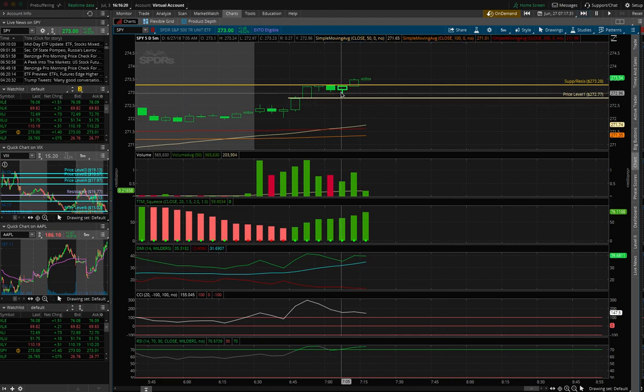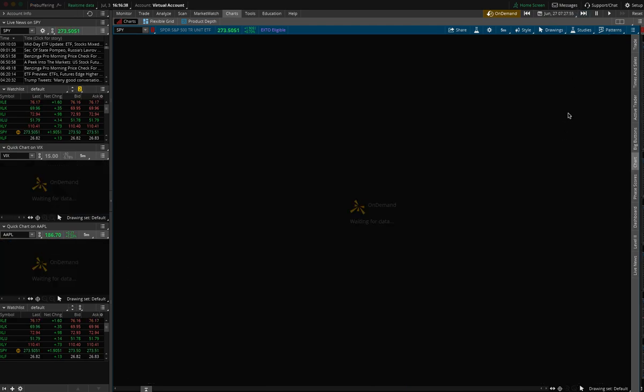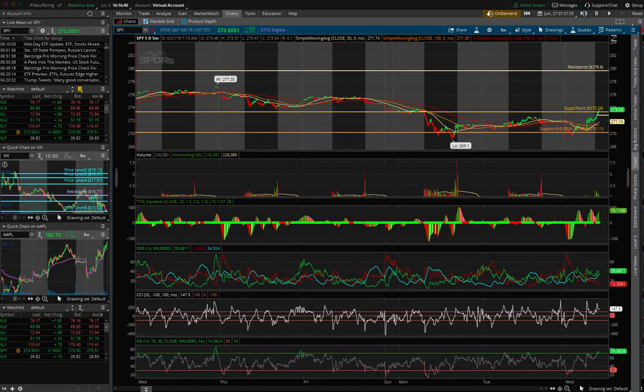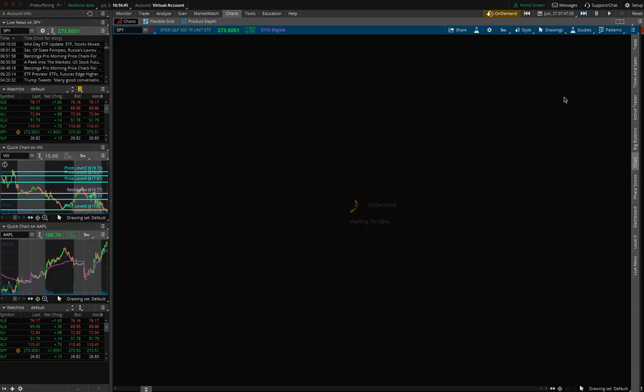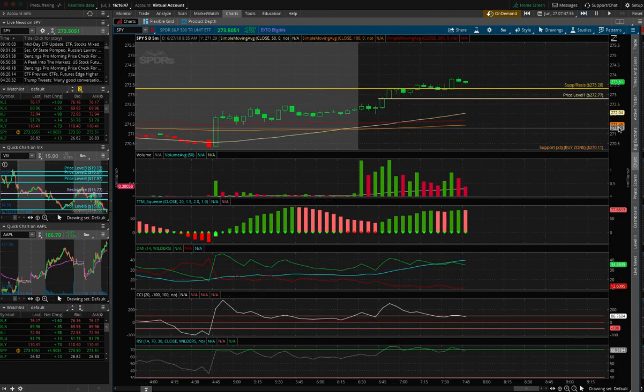So it stayed above that level and it pushed up. So you wouldn't have gone short or bought puts. Okay, but if it came back, okay, it came back, it tested it, came back up.